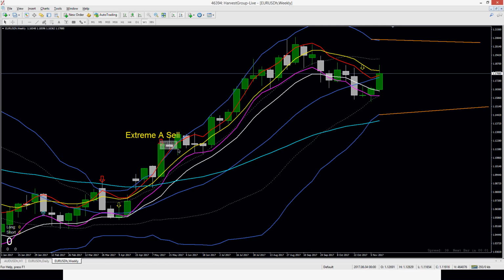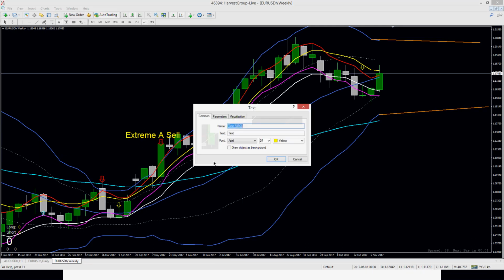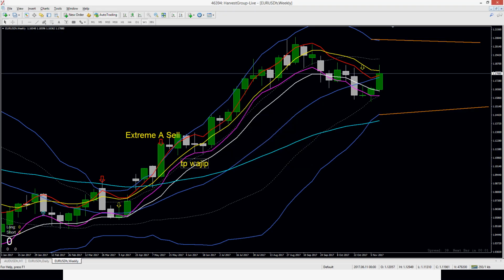So I already indicated over here extreme A sell. Then you have TP wajib, which is also, if you look at it in a buy setup, you have CSM, you have re-entry. So you need to remember that every first candlestick momentum will create a re-entry.